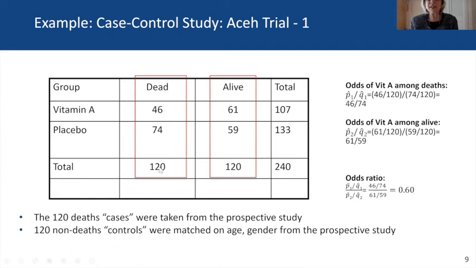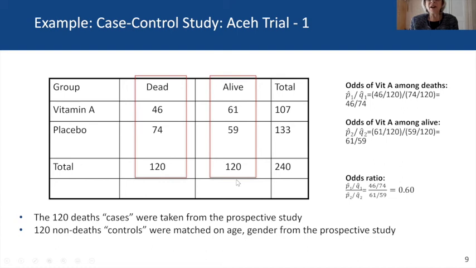That was 46 divided by 120. So that's our P1 hat. We'll divide it by the proportion who did not receive vitamin A among those who died, 74 divided by 120. And we cancel out the 120s. We would see that the odds of vitamin A among those who died is 46 divided by 74.